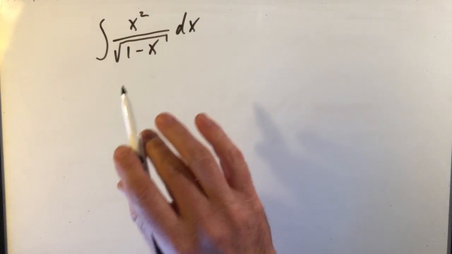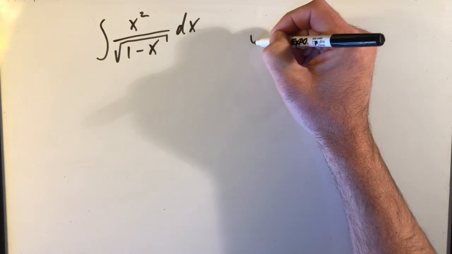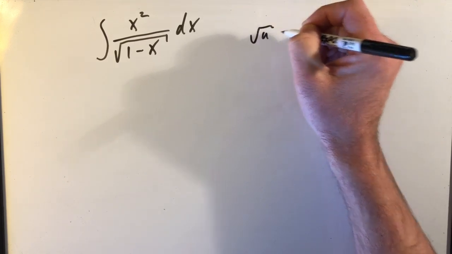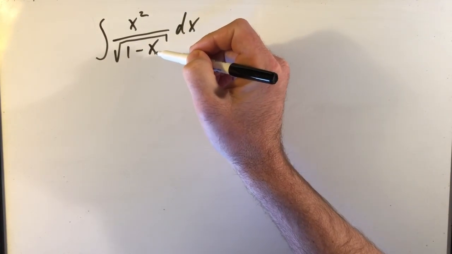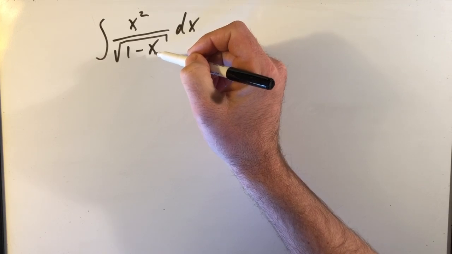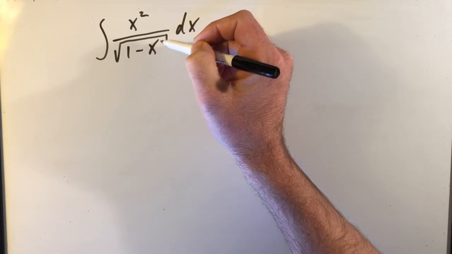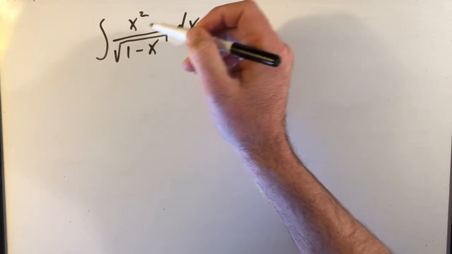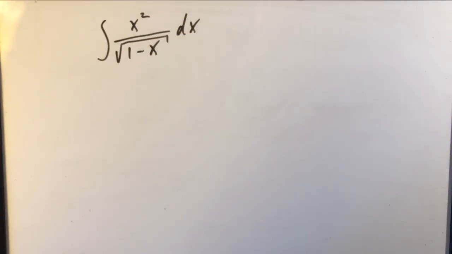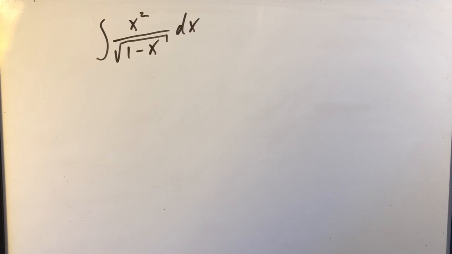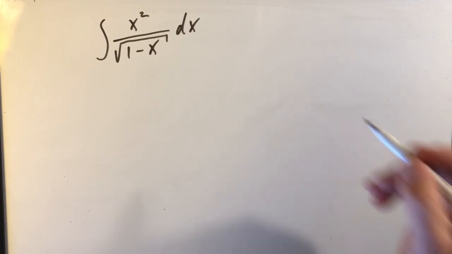So if that was in the form of square root of u, then you would know how to integrate it. In this flavor, you were forced to do a substitution rule. So you want to target that one, but if you notice the power of this x isn't going to allow you to cancel out that x squared at the top. So it's going to leave you with some choices.